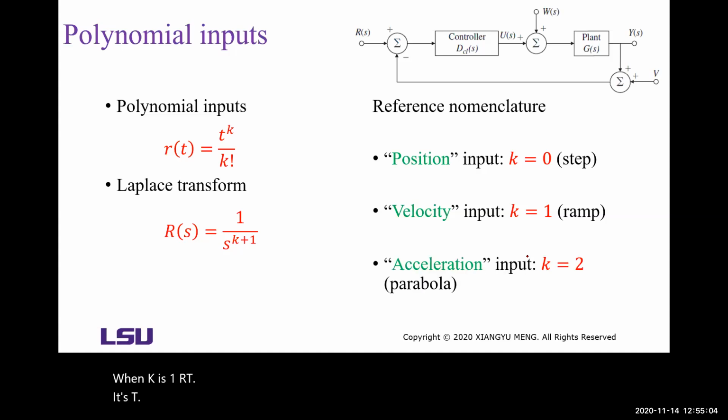When k is 2, the signal is a parabola. We also call it acceleration input. In this case, r(t) is equal to t squared over 2 factorial, and 2 factorial is 2 times 1, so it's 2.